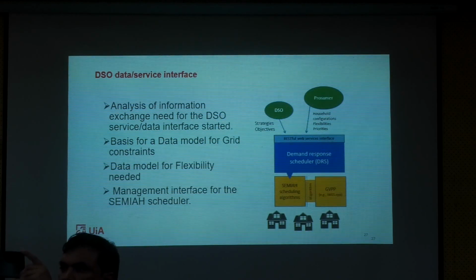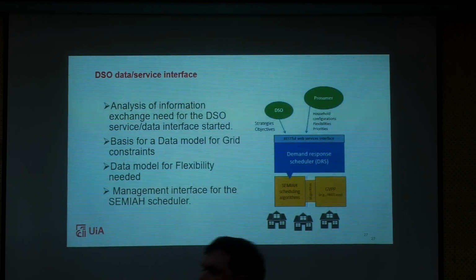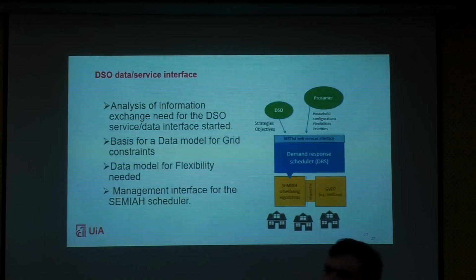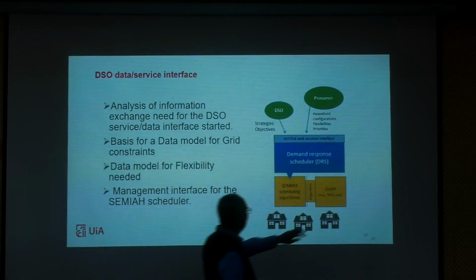So, you can see how the information exchange needed for the DSO service and data interface started, then the basis for the data model for grid constraints, the data model for flexibility needed, and the management interface for the SEMIA scheduler. So, here you see that we have this virtual power plant.